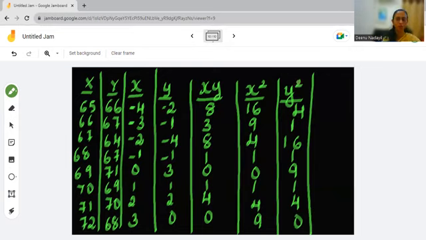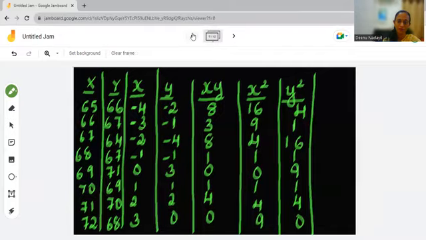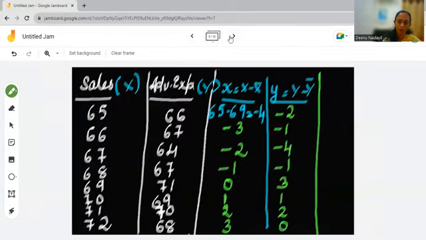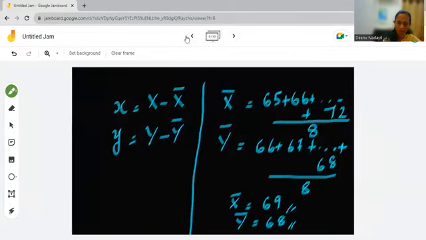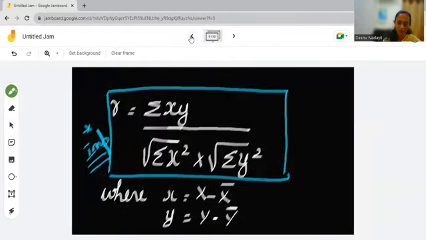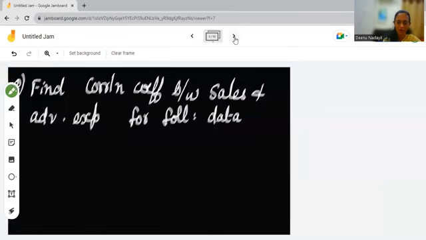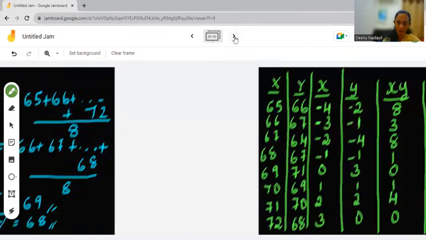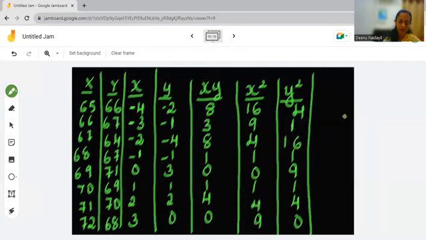Now what do we have to do? Go to the formula and see what all is required. What is our formula? Sigma xy by root of sigma x square into root of sigma y square. We want sigma xy, sigma x square and sigma y square, so we will find that.